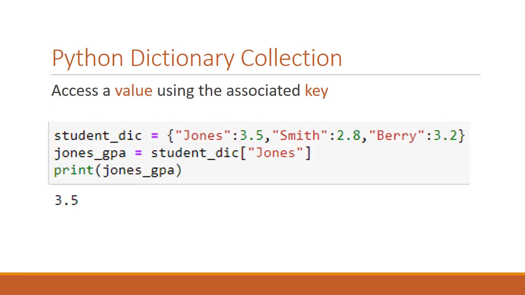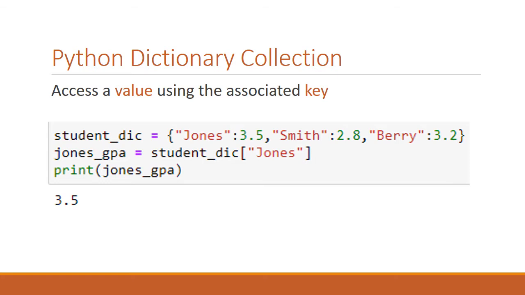One of the methods of accessing values within a dictionary is by leveraging the key. So in this example, we have our student dictionary where we have Jones 3.5, Smith 2.8, and Barry 3.2. We want to get the grade point average of Jones.